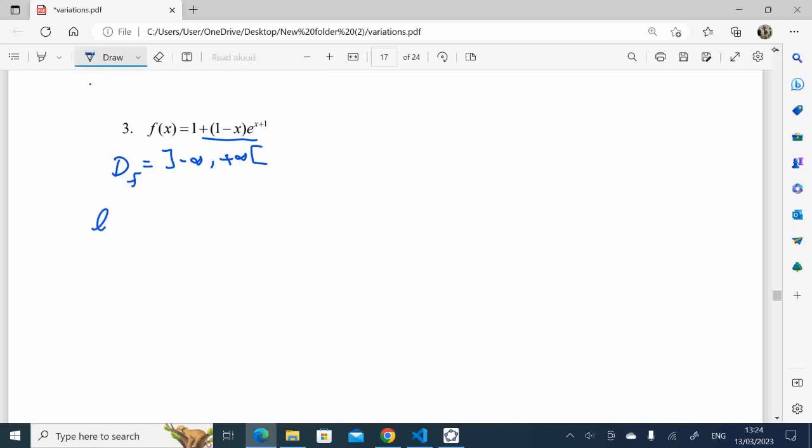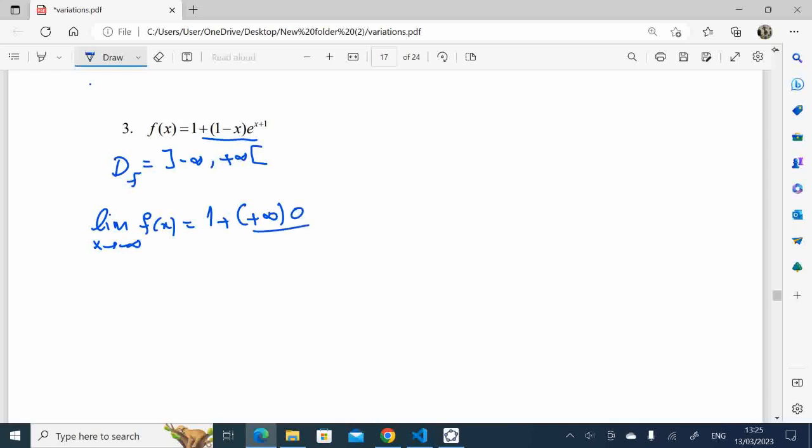So the limit as x approaches minus infinity of f(x) is going to be 1 plus (1 minus x), which is plus infinity because x is minus infinity, times e to the minus infinity, which is 0.